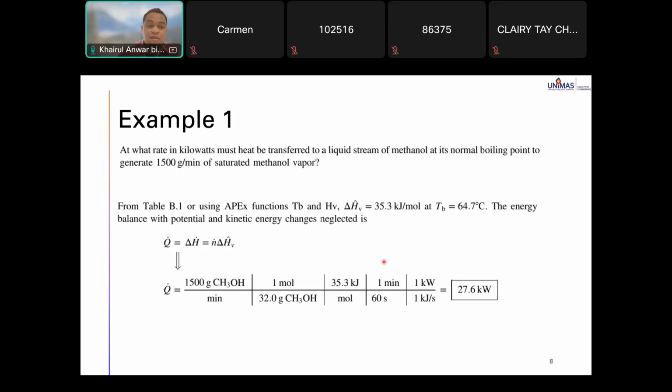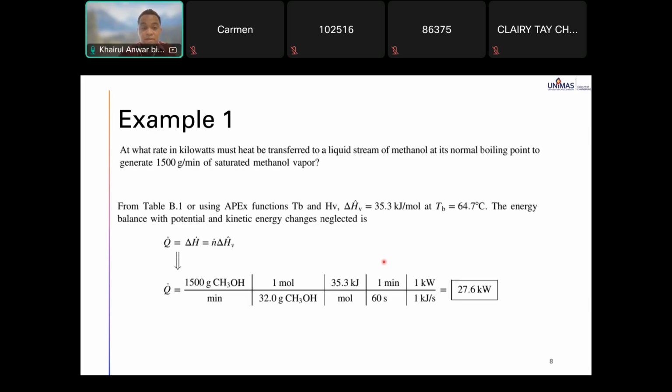Example 1: at what rate in kilowatt must heat be transferred to a liquid stream of methanol at its normal boiling point to generate 1500 gram per minute of saturated methanol vapor?